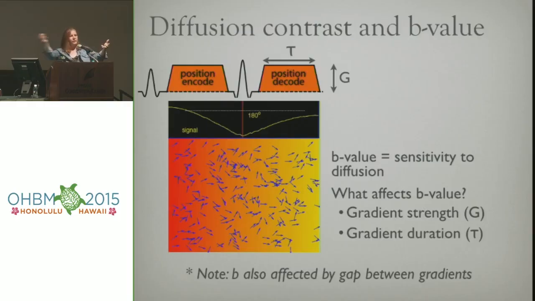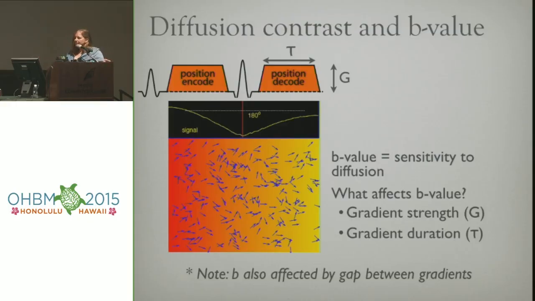Because that determines how much phase you're going to accumulate, right? If a displacement creates a large change in the magnetic field, then all of a sudden your precession rate is going to change quite dramatically. Whereas if you have a shallow gradient, that same displacement doesn't cause much of a difference in the rate of precession, and so you're not going to accumulate as much phase, and you're not going to dephase as much relative to your neighbors.